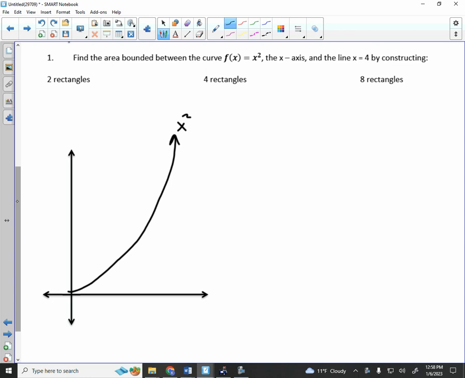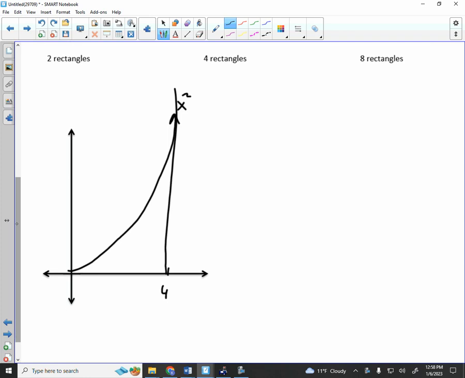What kind of a line is x equals 4? Vertical line. So we're going to put 4 right there, vertical line, boom. Everybody got it? Can you see the area that we are trying to determine?